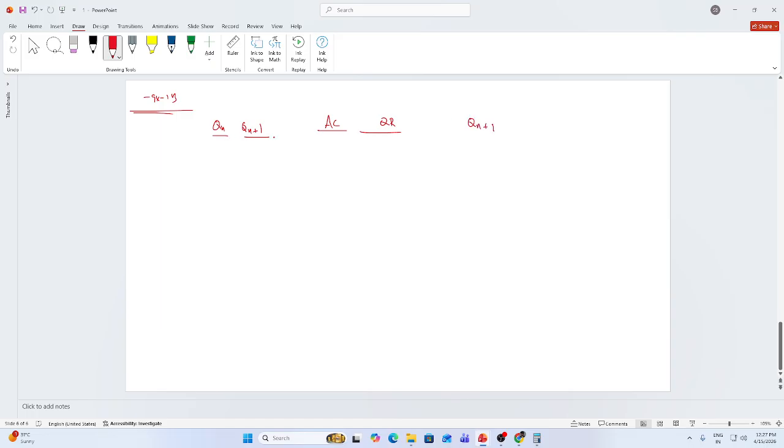Here again I am writing for clarity: QR, Qn plus 1, and then we have a sequence counter. Qn is initialized with 0, Qn plus 1 is initialized with 0, and QR is initialized with the multiplier.